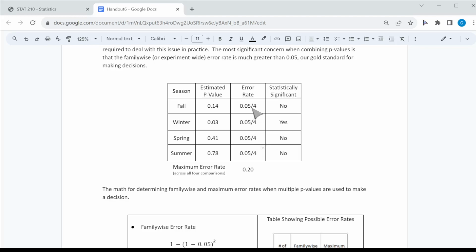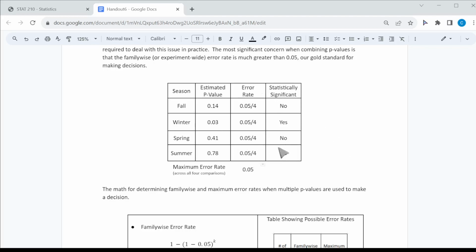If I add all of these up across the 4 categories, my maximum error rate would be 0.05. So this little trick, or this idea that I'm just going to take my 0.05 and divide by the number of tests that I want to do, that's called Bonferroni's adjustment. Okay. It turns out, though, that this Bonferroni adjustment does not work very well in a wide range of problems. So that's not something that exists, but it's not something that we use very often.